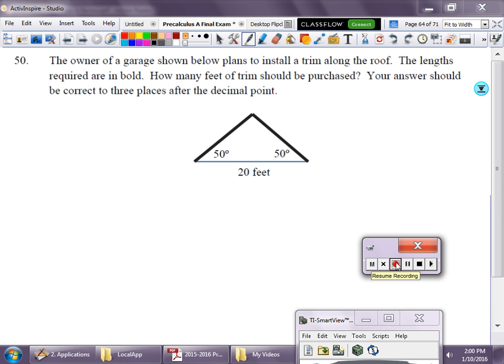50. The owner of a garage shown below plans to install trim along the roof. The lengths required are bold. So they want us to find these. The angles are the same.